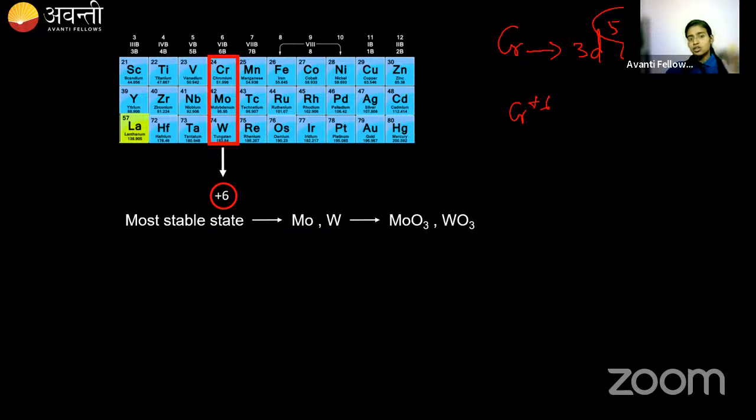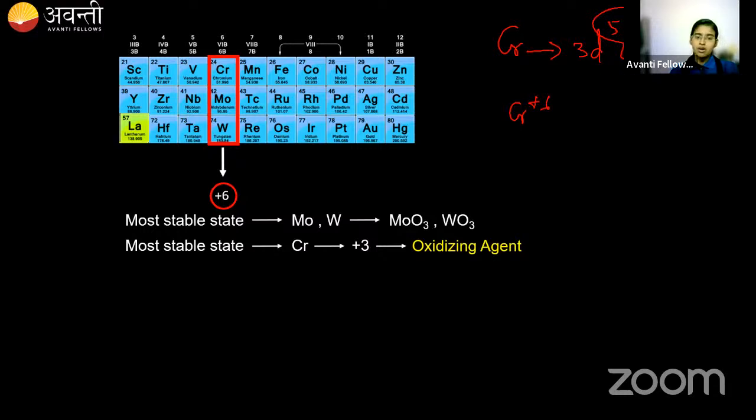But chromium also can exist in their +6 oxidation state. But +3 oxidation state is more stable for chromium compared to +6. Which is more stable for chromium? +3 oxidation state is more stable for chromium compared to +6. So that's why it is acting as an oxidizing agent.